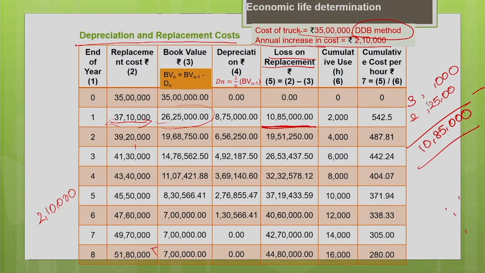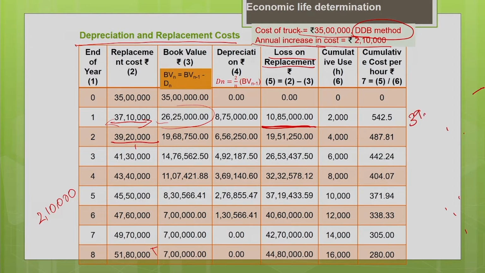Similarly, if I replace the machine at the end of the second year, you can see the machine has increased in cost to 39 lakh 20,000 due to inflation, but the book value has gone down to 19 lakh 68,750. This is your inflow actually. So, the actual loss for replacement at the end of the second year will be 19,51,250.